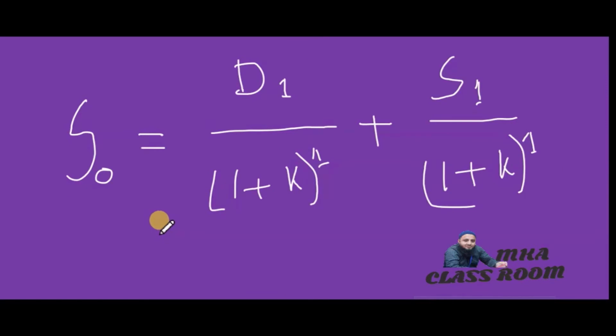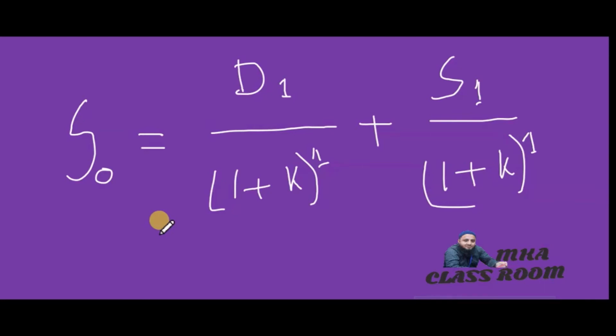So the model is S0 equal to D1 divided by (1 plus k) power n plus S1 divided by (1 plus k) power n. Here D1 is the amount of dividend expected to be received at the end of year 1, and S1 equals the selling price expected to be realized on the sale of the share at the end of year 1.